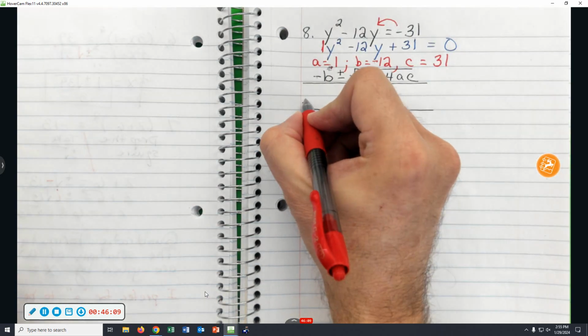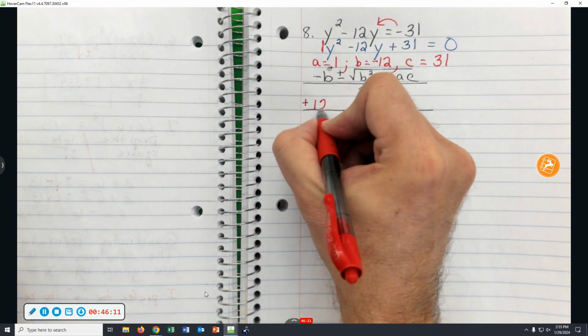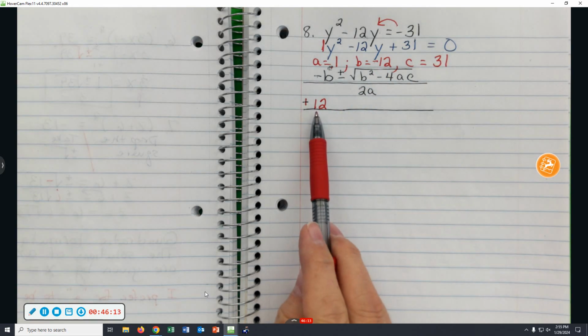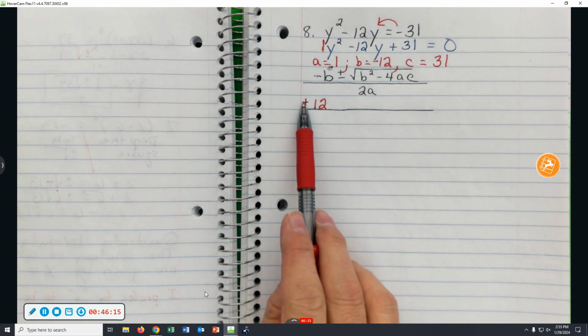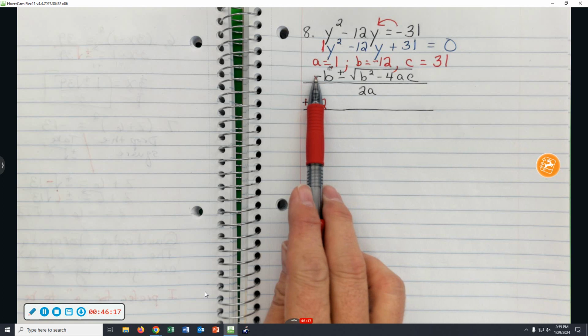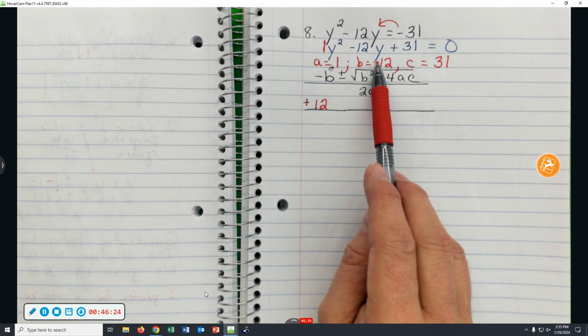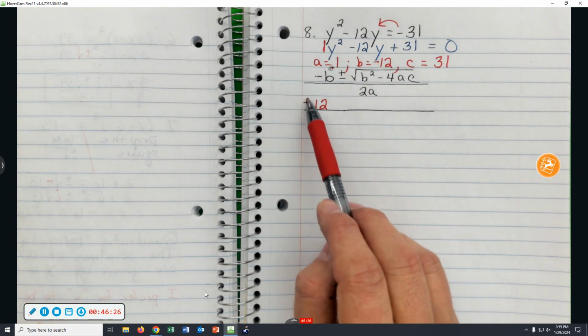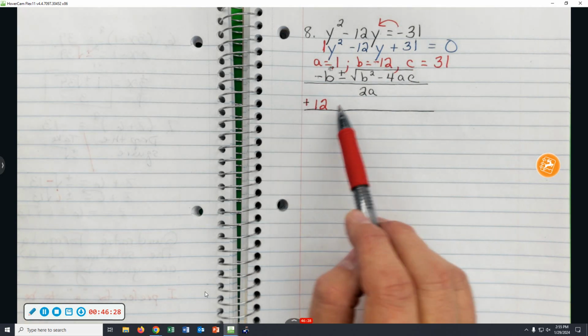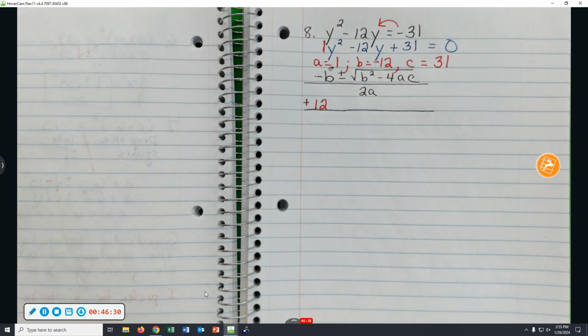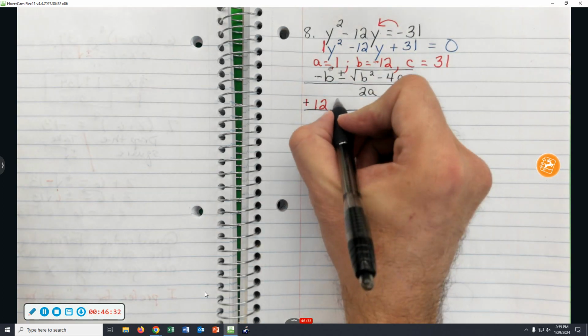That's going to be a positive 12. Y'all see why I wrote a positive 12? The black bar is the negative from the formula. And then there's my red negative, making it plus 12. Then I'll write my plus minus.